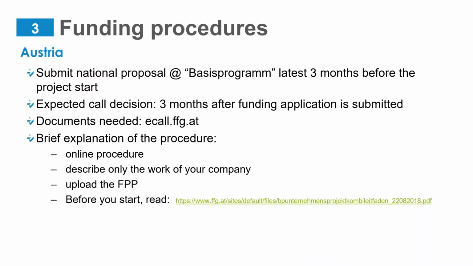It is recommended that Austrian partners prepare a project document before applying to the national program. These are recommendations from the national agency to take into account. So this is Austria.